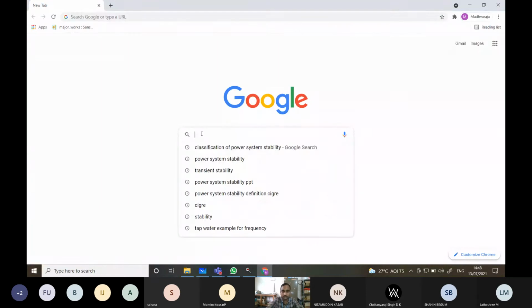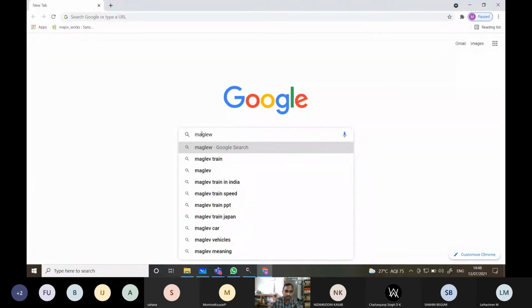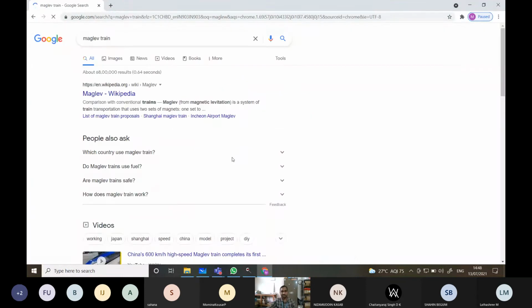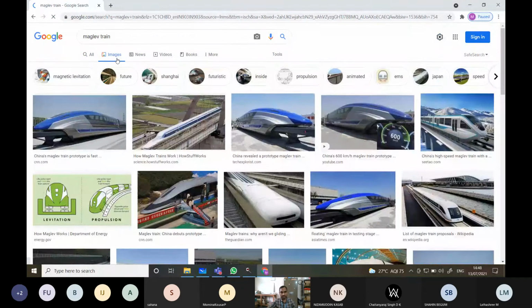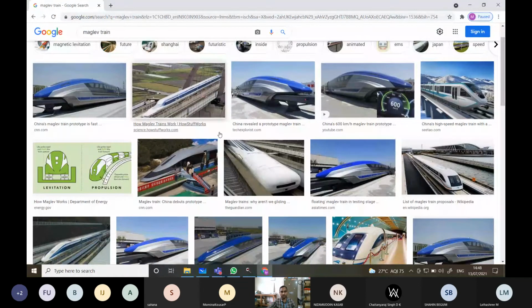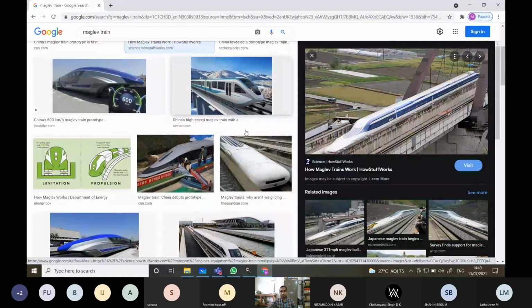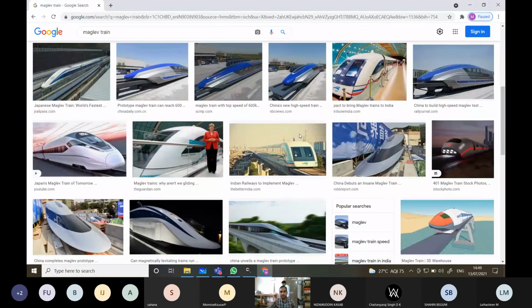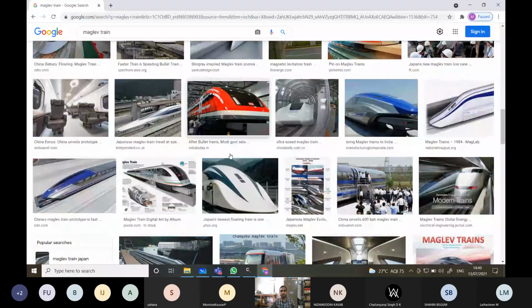Maglev trains. You may have heard that these types of trains are in Japan. These trains work depending upon the magnetic levitation effect.